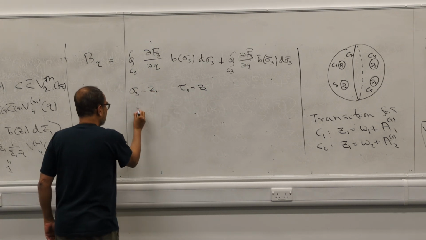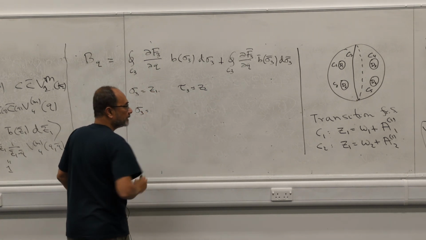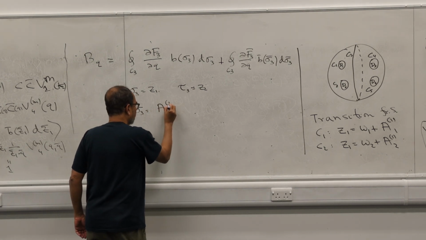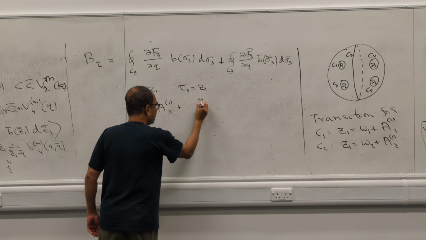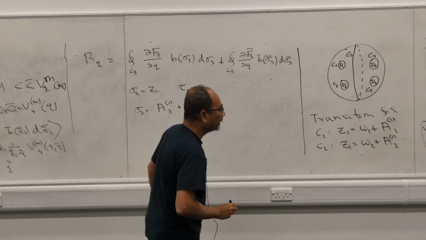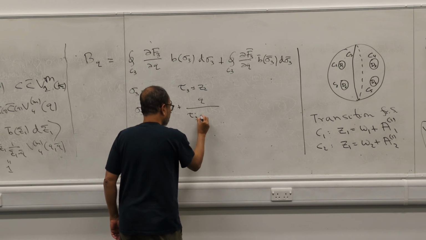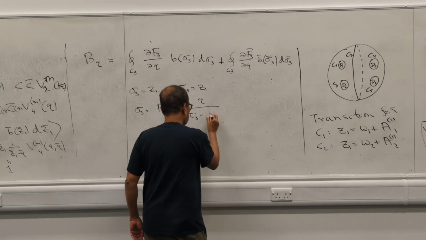So sigma 3 becomes A13 plus Q over tau 3 minus A23.